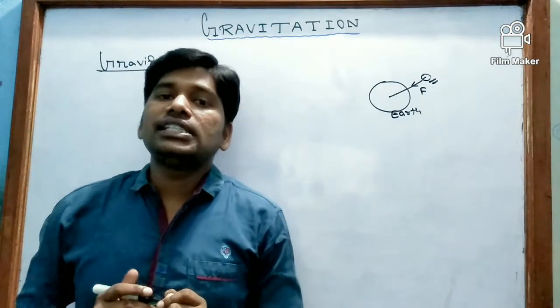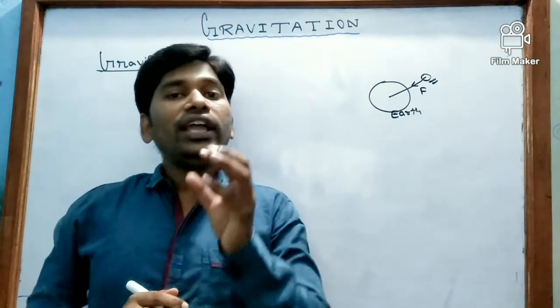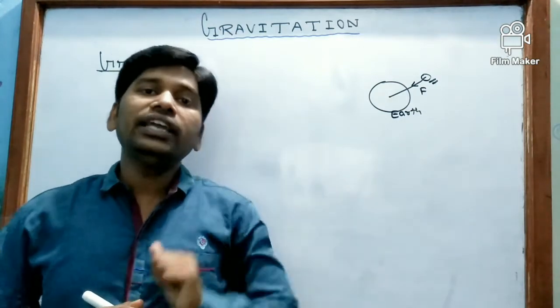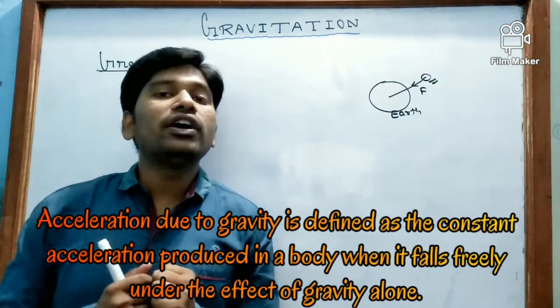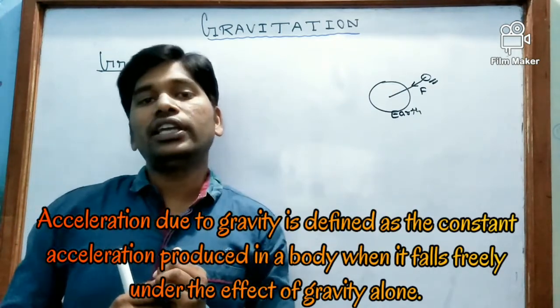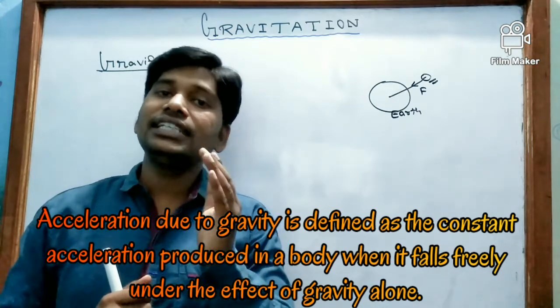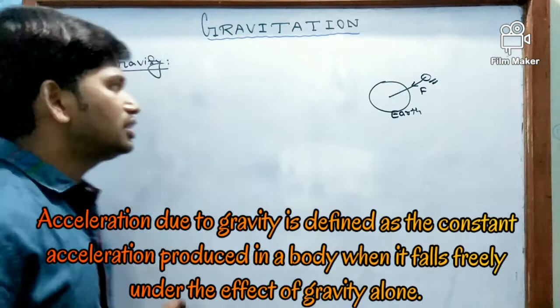Now the next term is acceleration due to gravity. When a body falls freely under gravity on the surface of Earth, the acceleration produced in the body is known as the acceleration due to gravity. It is denoted by small g.